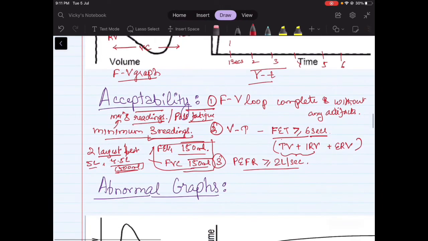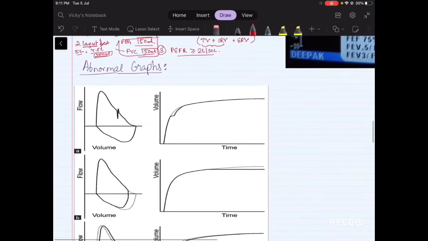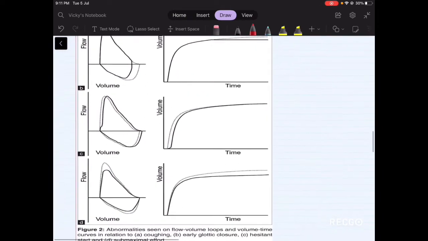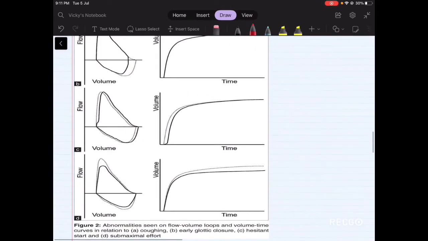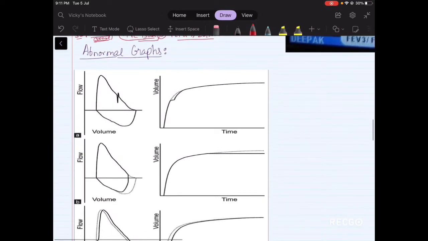Now what are the abnormal graphs that are encountered during spirometry, right? These are the abnormalities which are encountered during spirometry. For example, here the patient is coughing, right? So this is an artifact.